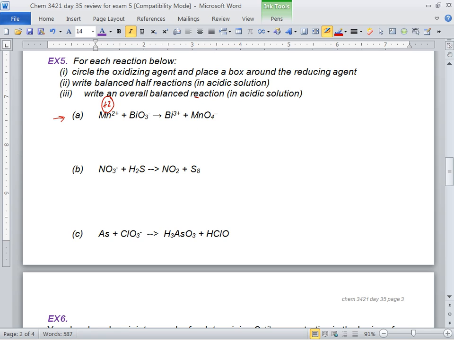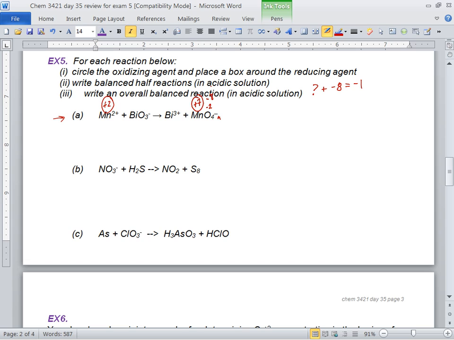What's manganese right here? Oxygen is -2. So I've got a total of -8. There's only one manganese. So whatever plus -8 has to give me a -1. So manganese has to be 7.